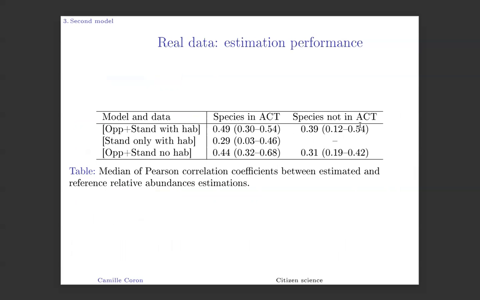And finally, when we combine both data sets, but without habitat structure. So you see the improvement is not that much. In fact, this is due to the fact that for the data set that we have, we expect that a lot of species are generalists, so maybe a lot of them are not very impacted by habitat.